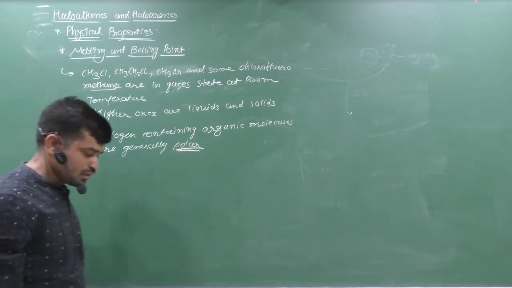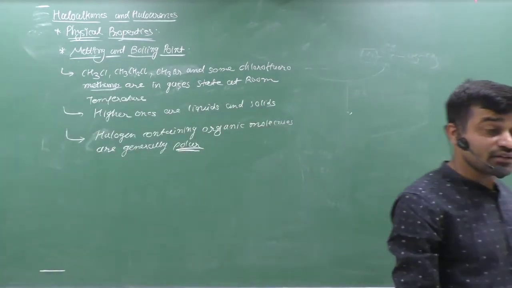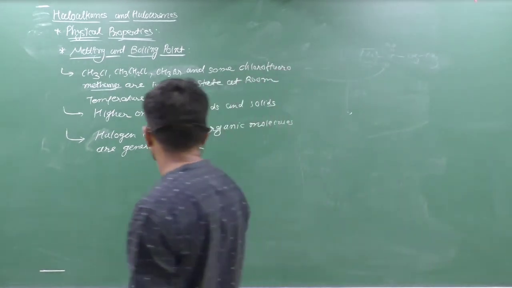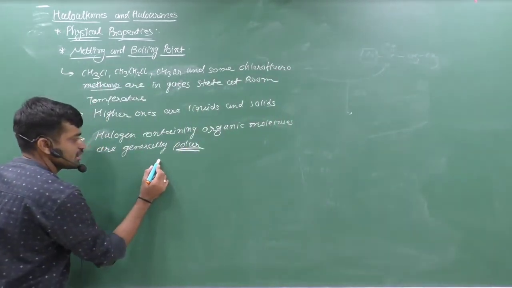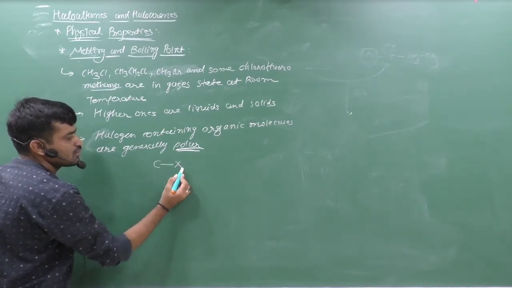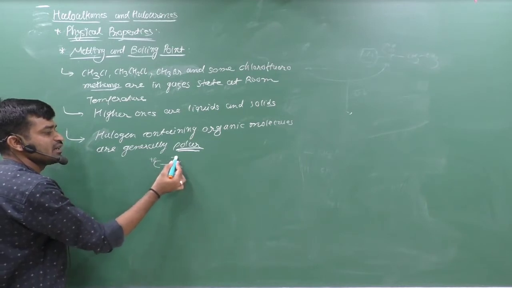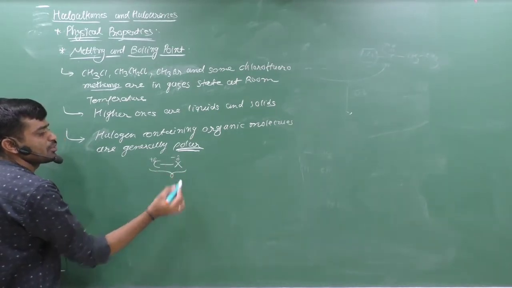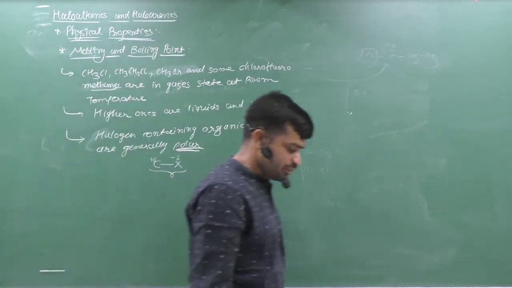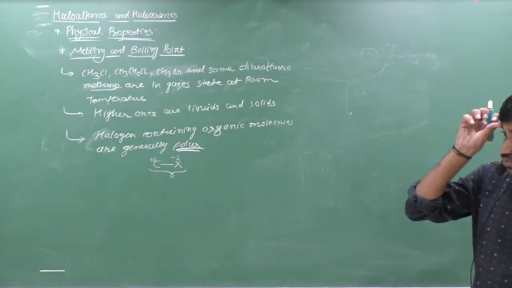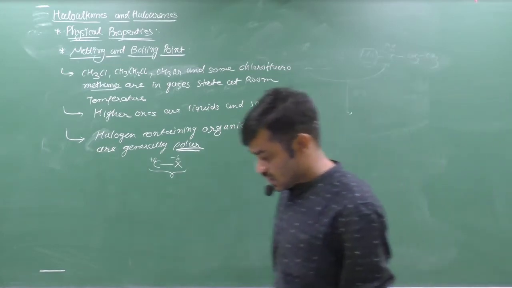Yes. Now we can discuss why an organic molecule containing halogen is polar. First of all, there is a C-X bond present here. Carbon is partially positively charged, halogen is partially negatively charged. Therefore, it is a polar compound. If halogen is present on an organic molecule, it has at least one C-X bond, and polarity is developed like that.